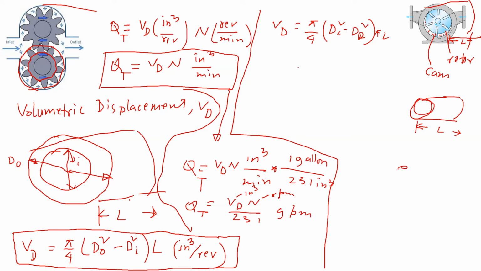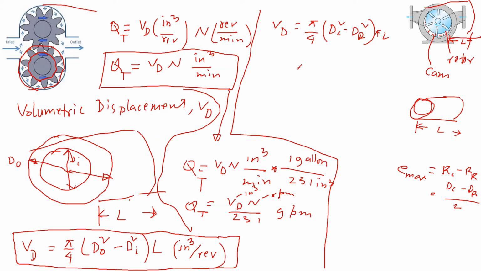If we want to calculate the maximum eccentricity of this piece, that would be the cam radius minus the rotor radius, so it's dc minus dr divided by 2.